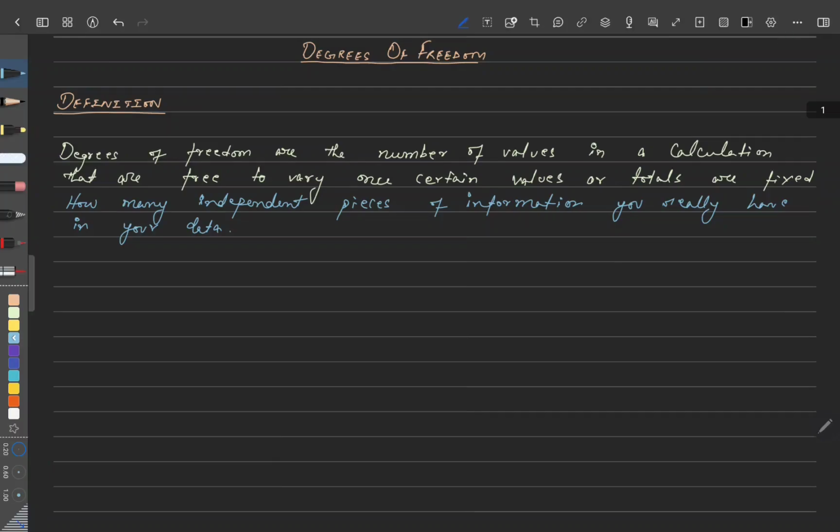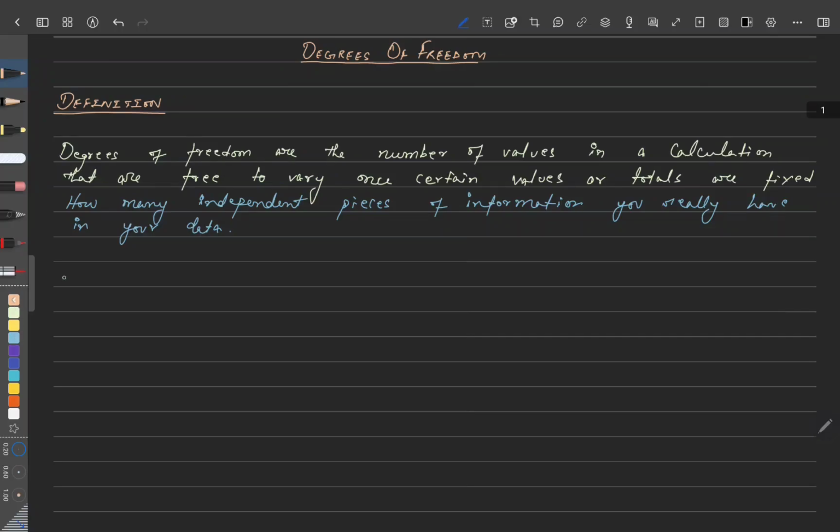Let us understand the formula first, and then we'll understand more about this concept. It would be a little confusing at this point, but once we go ahead with the examples, you will get all the understanding that you need to have for degrees of freedom.